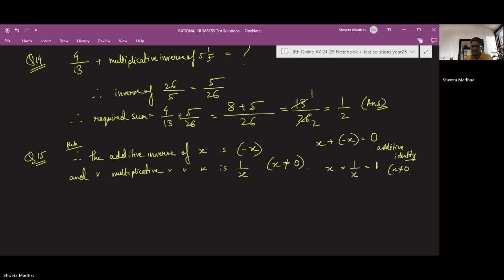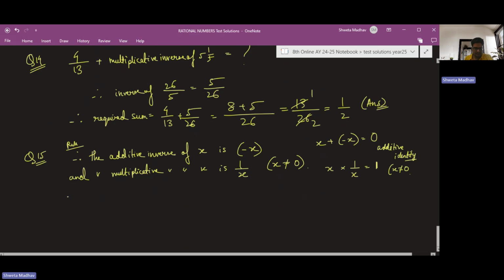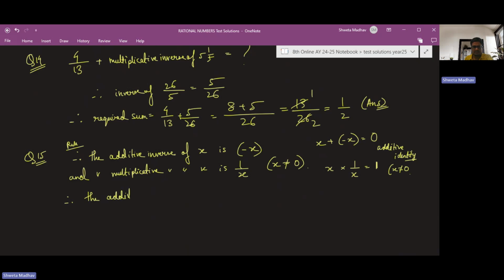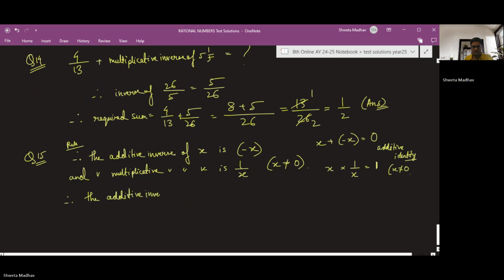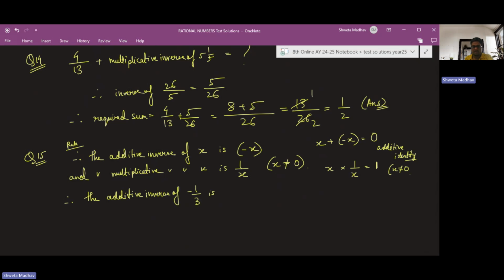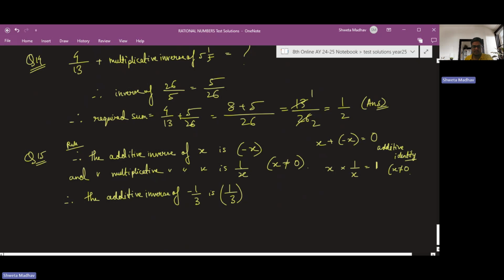So hence 1 by x is the multiplicative inverse of x, and x is also the multiplicative inverse of 1 by x. So therefore, you can say that the additive inverse of minus 1 by 3 is 1 by 3, since it will be minus of minus 1 by 3, which is 1 by 3.